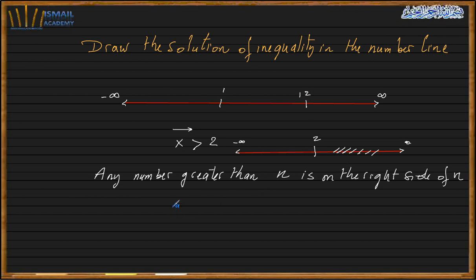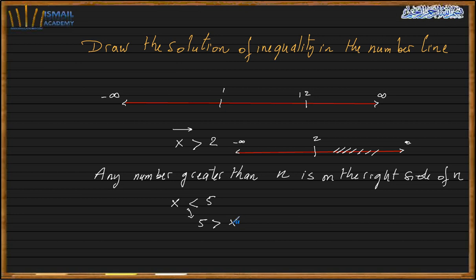If I say x is less than 5, or I say 5 is greater than x, you see, those two statements mean the same thing. But my advice to you, always read from the variable, because when you read from the variable, it will give you the right place to shade.